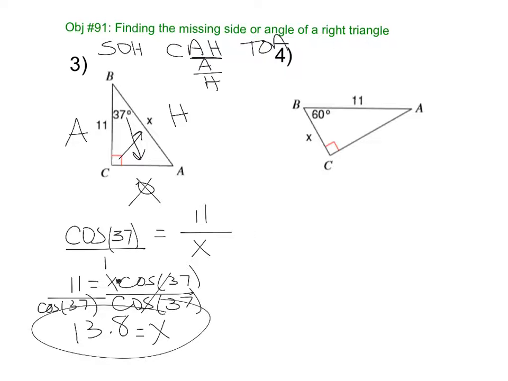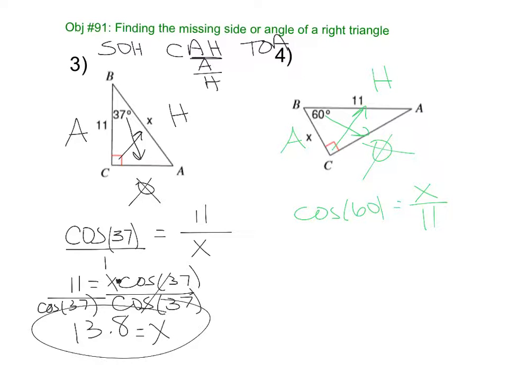All right, next one. This time we have our H, O, and A. Oh, it's a cosine again. Look at that. All right, so we got cosine of 60 equals A over H. So this is the easier one.